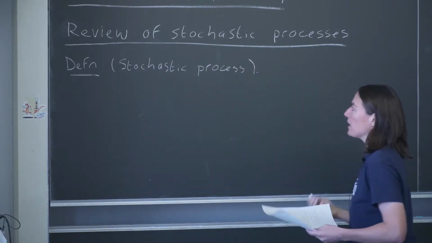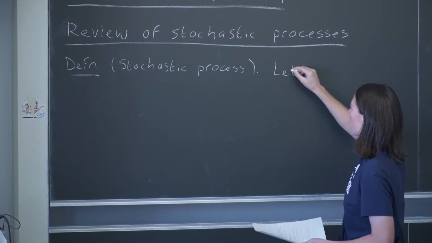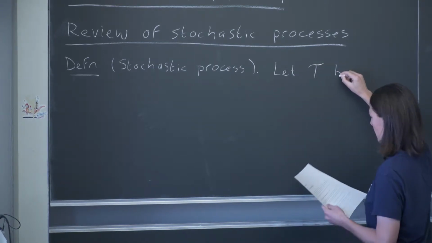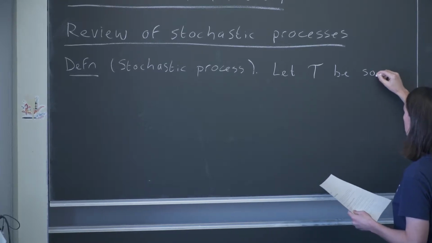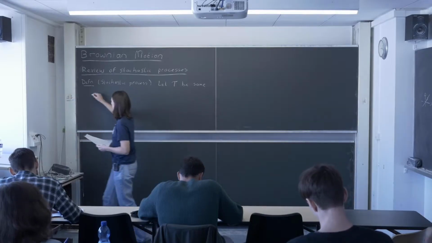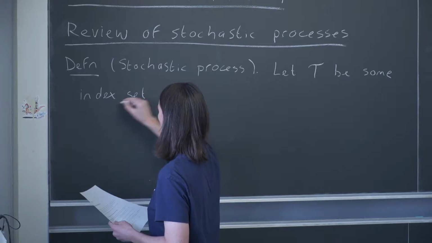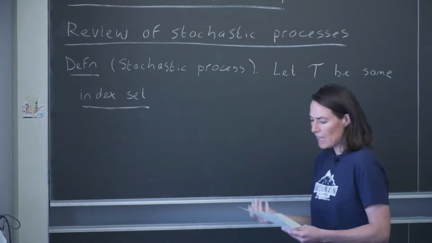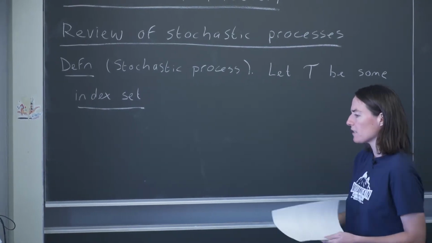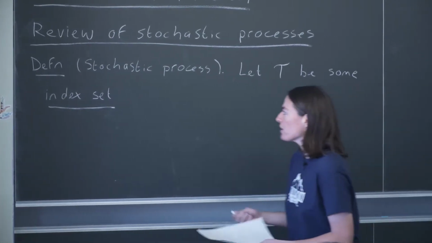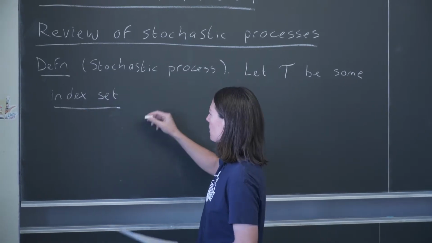Okay, so first of all, we need an index set. So let T be some index set. And the idea to have in mind is either a discrete index set, such as the non-negative integers, or a continuous index set, such as the non-negative reals.